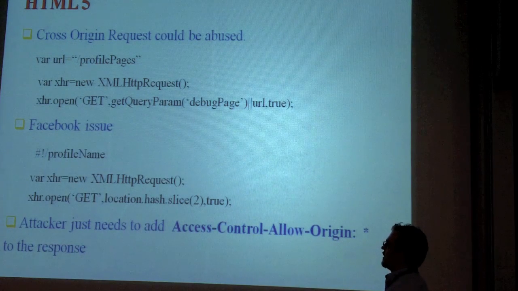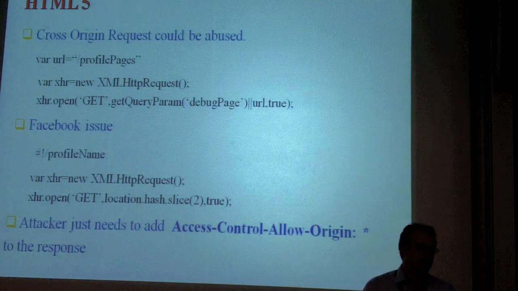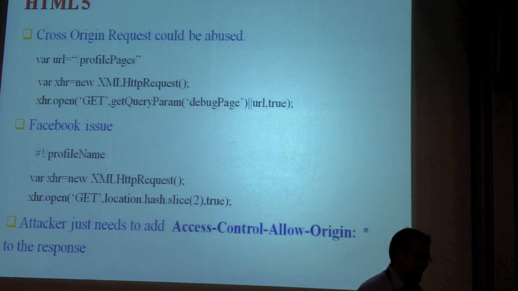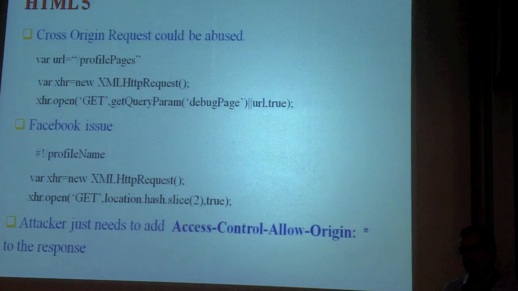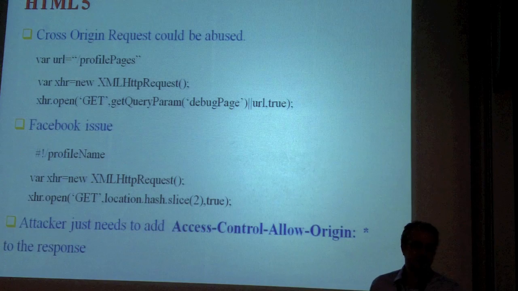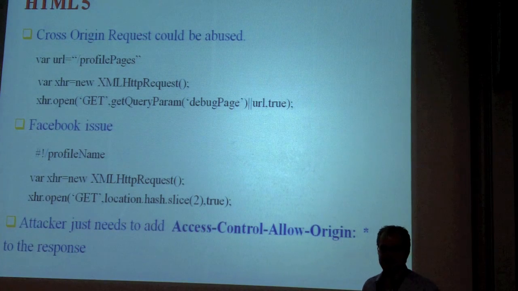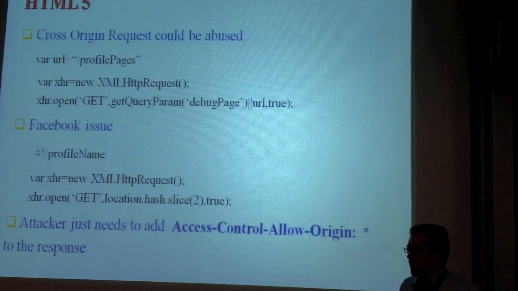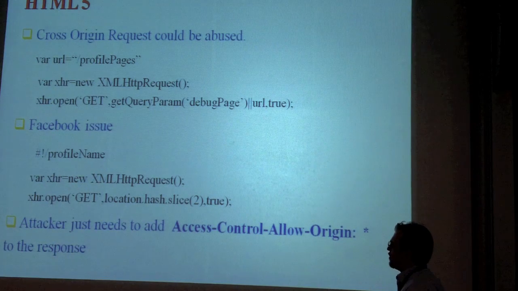Cross-origin request. Finally, we achieved a new feature which can actually be abused and is being abused, which is the cross-origin request, which is now available on almost every browser, I think.